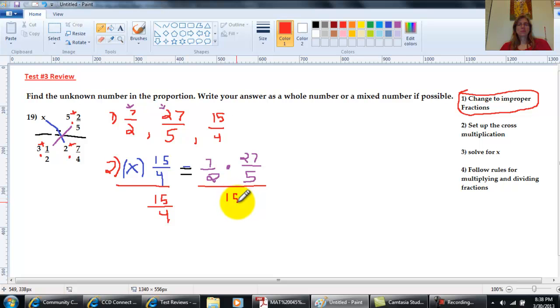What that does, of course, is it cancels out this fraction on the left side, because anytime you divide a number by the same number, it becomes 1. So you don't have to worry about that anymore. When that becomes 1, x is all by itself. So now you have x equals 7/2 times 27/5 divided by 15/4. Now we can follow the rules for multiplying and dividing fractions to solve the rest of the problem.